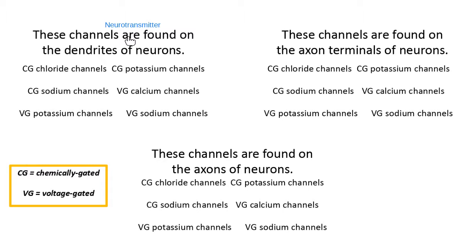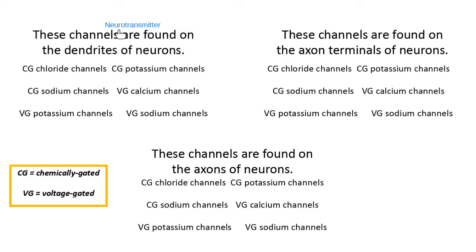So when we're talking about the part of the neuron that receives messages, the dendrites, they're going to have the kinds of ion channels on them that are opened by neurotransmitters or that are opened by chemicals.